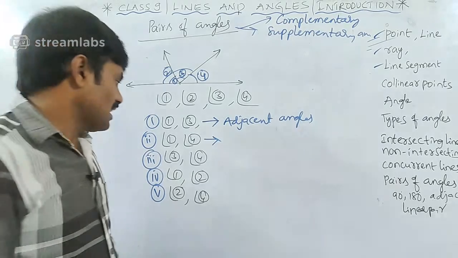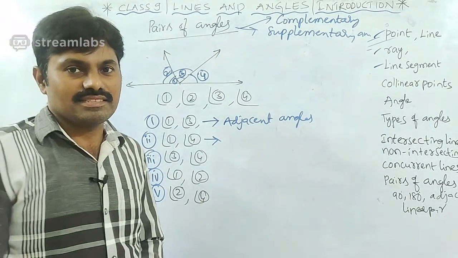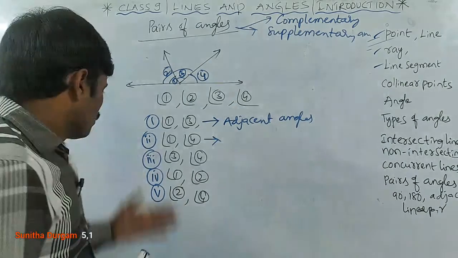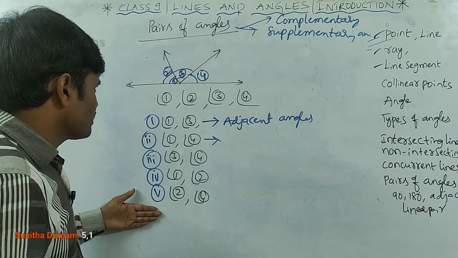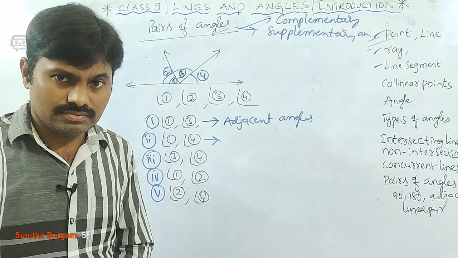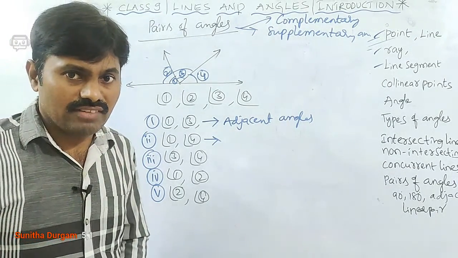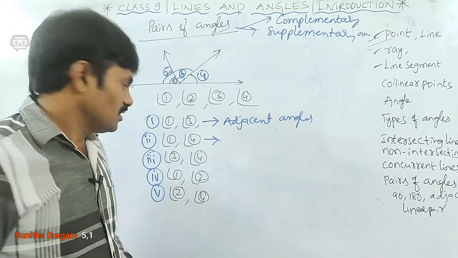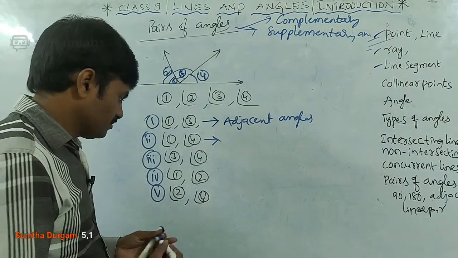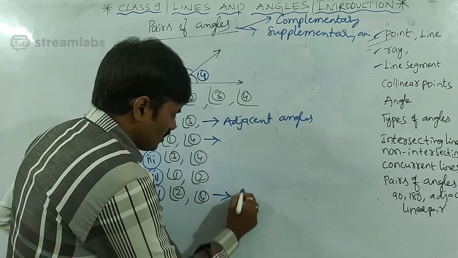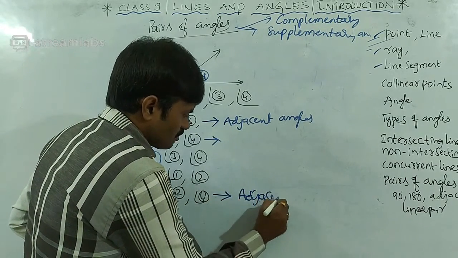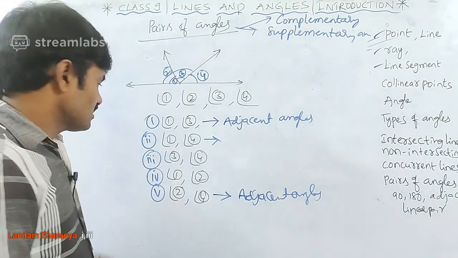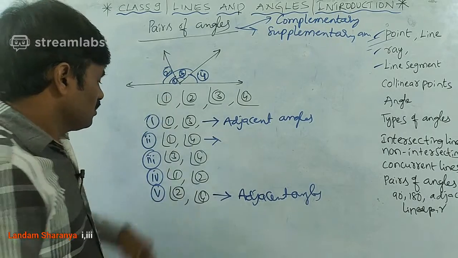So when do you say the given two angles are adjacent angles? 1 and 5 are adjacent angles. Okay. Only 1 and 5, it seems, from Durgam. Any more answers? 1 and 3 are adjacent angles.